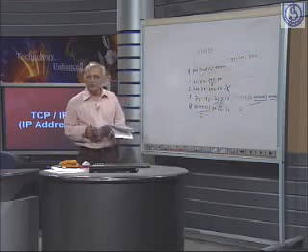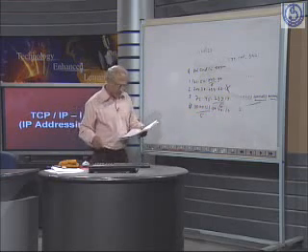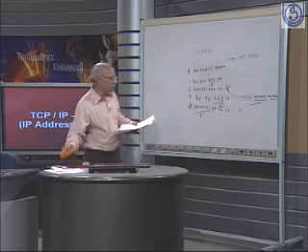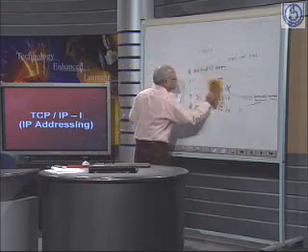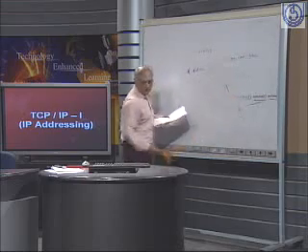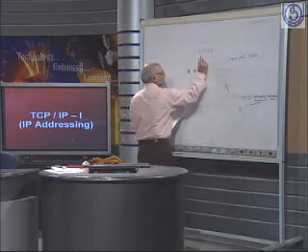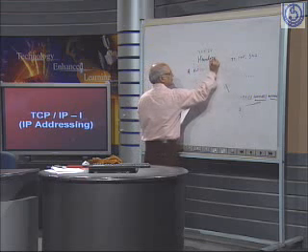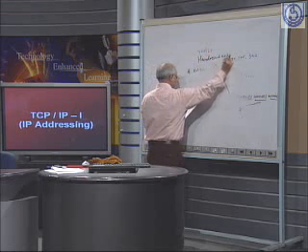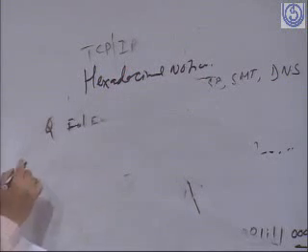The last one is called hexadecimal notation. Now, with hexadecimal notation, you know that each hexadecimal digit is only 4 bits.